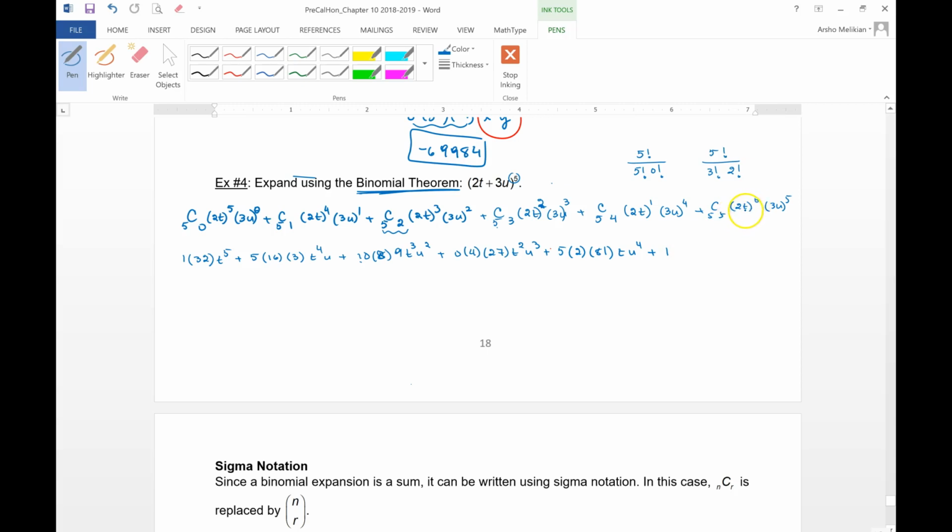C(5,5) is 1. (2t)^0 goes away. 3 to the 5 is 243, u to the 5.